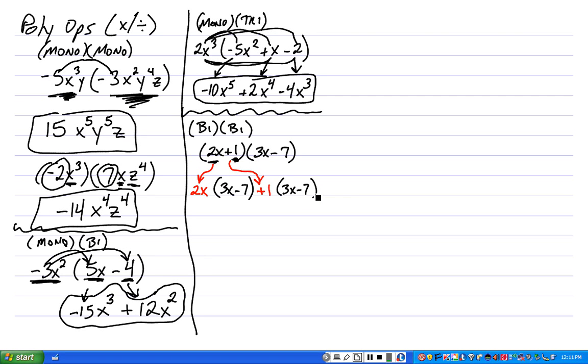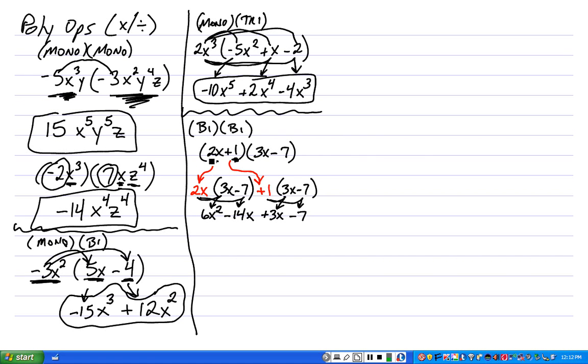So 2x times 3x is 6x squared, because x to the 1 and x to the 1 is x to the 2. Then 2x times a negative 7 is a negative 14x. Now the 1 and the 3, it's a positive 3x. The 1 and the negative 7 is a negative 7.